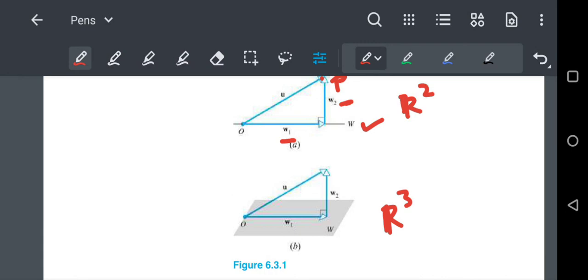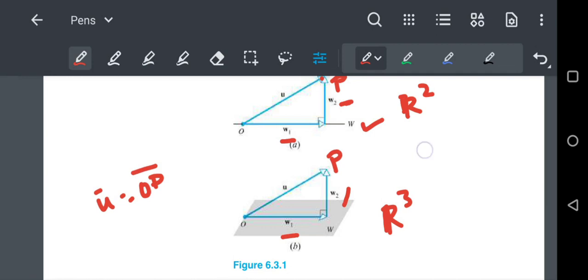Similarly for the case of R3, let P be a point here and let U be the position vector of P. Then the projection of P on the W plane is denoted by W1, and the perpendicular will be denoted by W2.